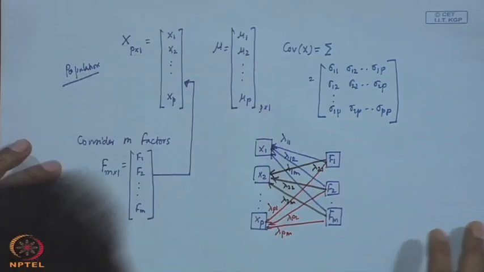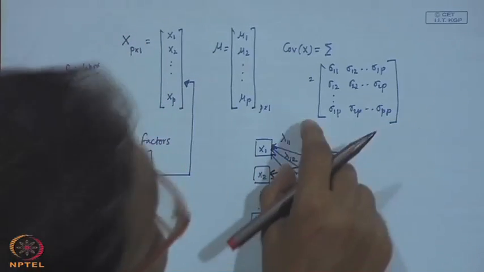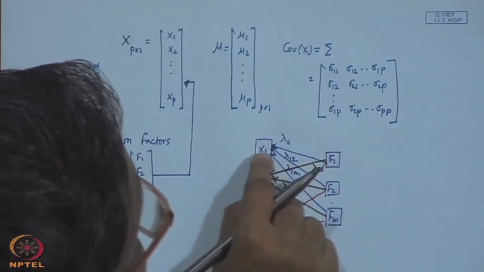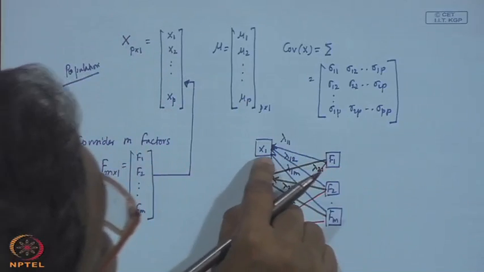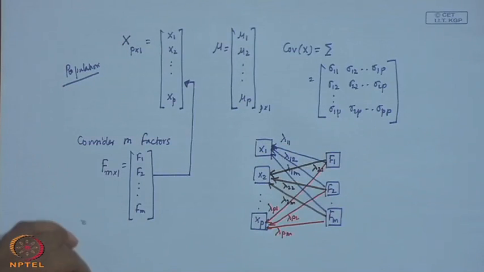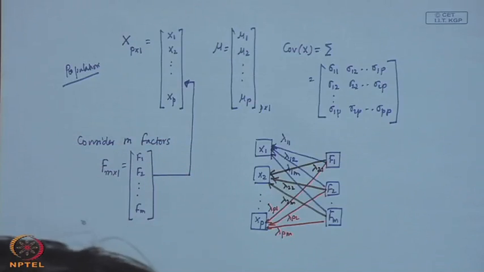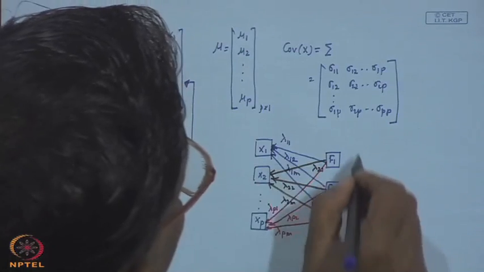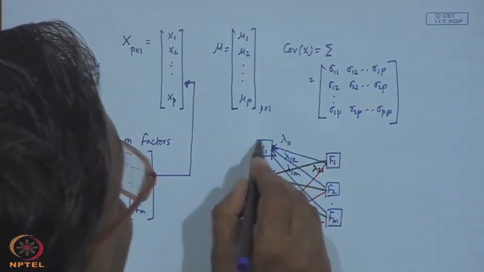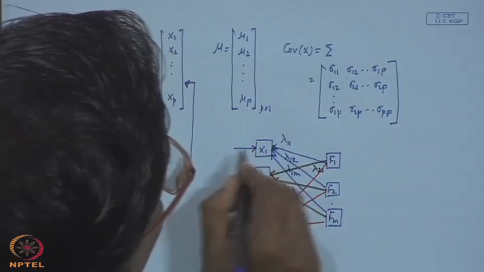We are assuming that f is causing x. So, these are all influencing coefficients. Factor f 1's influence on x 1 can be measured through lambda 1 1, like this. Now, in addition to this, we assume that these factors collectively cannot explain everything about x 1. So, there will be one error term.